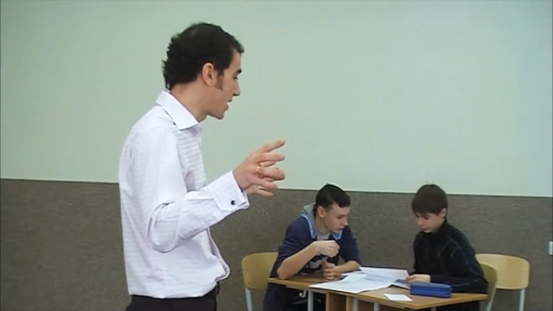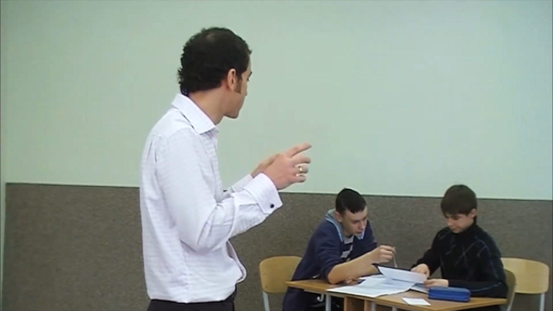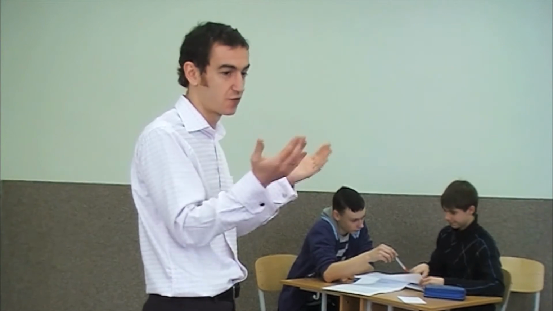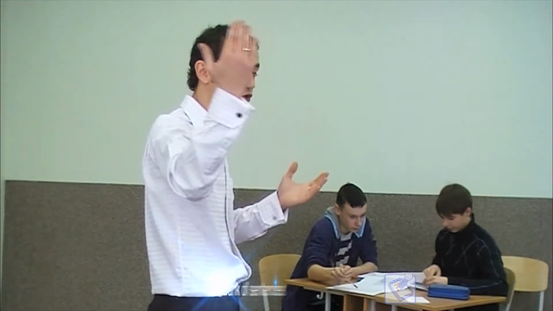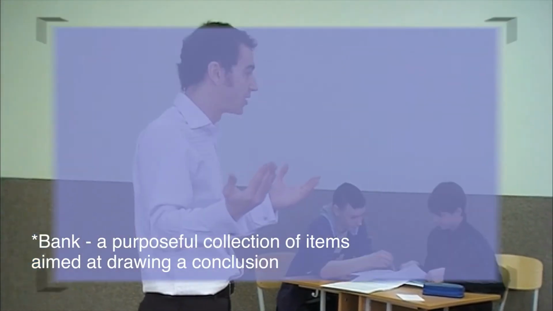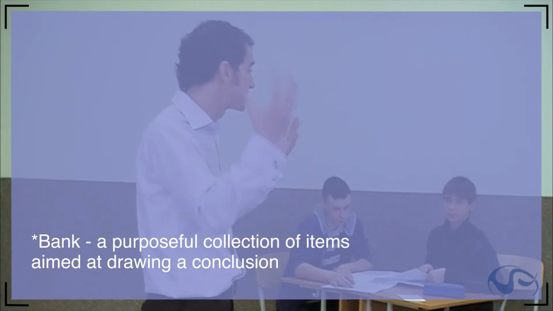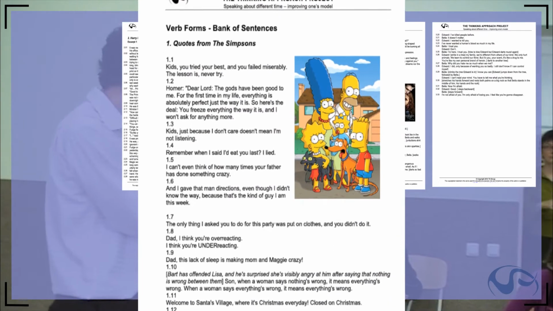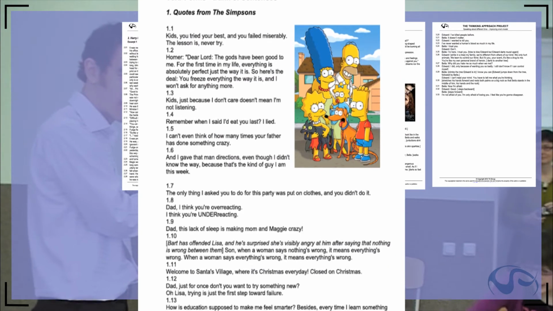What you need to do now, you have the most interesting bit. You actually have to look at the problems you've been given, and now from the bank of sentences, you have to find sentences that illustrate these particular problems. Okay?